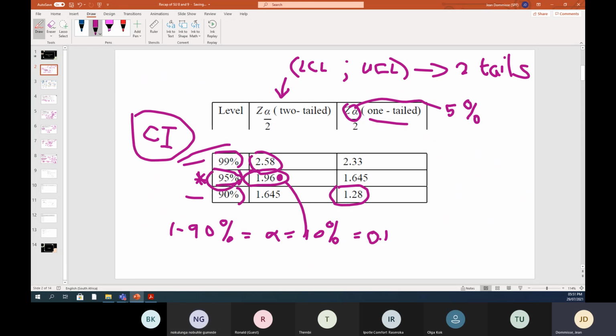So at the 5% one tail, it is 1.645. So we said 5%, and we said it's one tail.